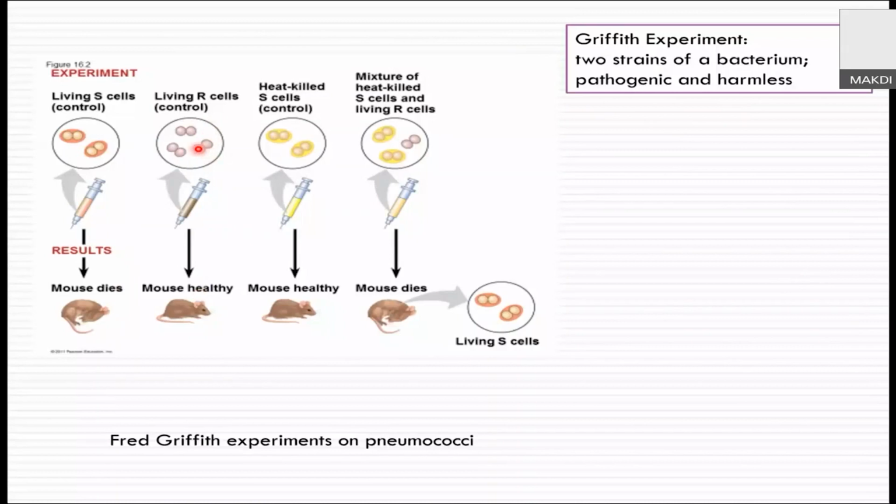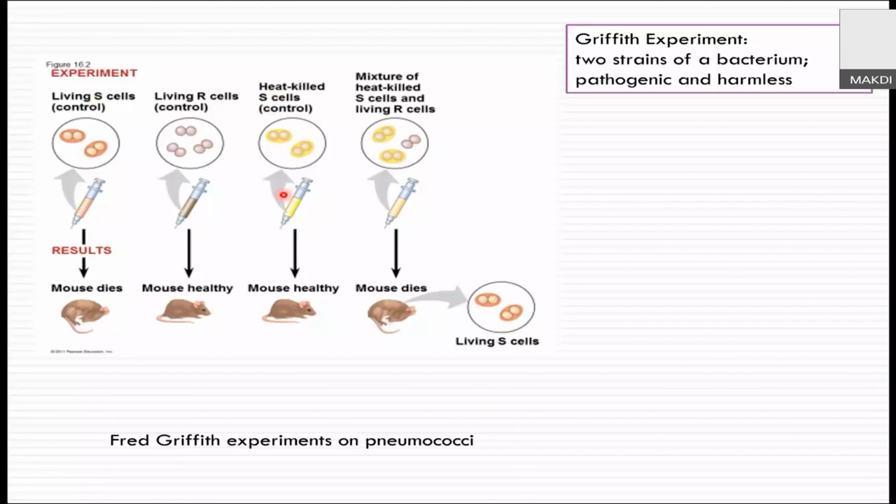And then they did another experiment where they heated the pathogenic bacterial cells and injected them the same way as in the first experiment. In the first experiment, the mouse died because the S cells were alive. But when they killed the S cells, the mouse was healthy.